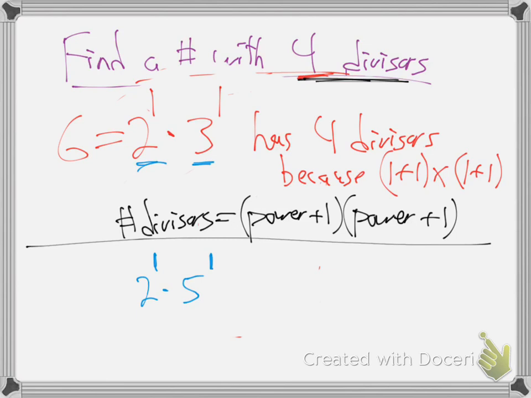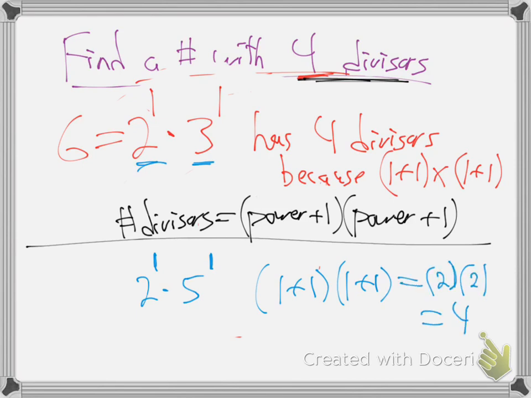Because that would be power plus 1, 1 plus 1 times 1 plus 1, which is 2 times 2, 4 divisors, huh? Are you tracking with me? So that's the number 10. 10 has to have exactly 4 things that go into it. Does it? By the way, what goes into 10? 1, 2, 5, and 10. Sure enough. 4 numbers go evenly into 10, don't they? You tracking with me?